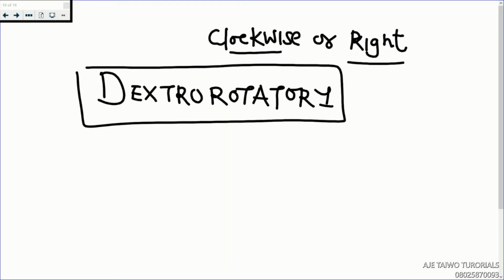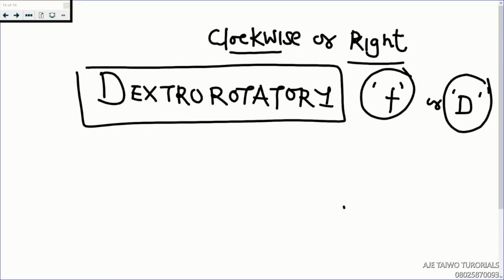I said an optically active compound that rotates the plane of polarization of plane polarized light clockwise or right, if you rotate it to the clockwise direction or to the right, it's said to be dextro-rotatory, indicated by the prefix positive or D. So we say to the right or positive direction or dextro-rotatory.